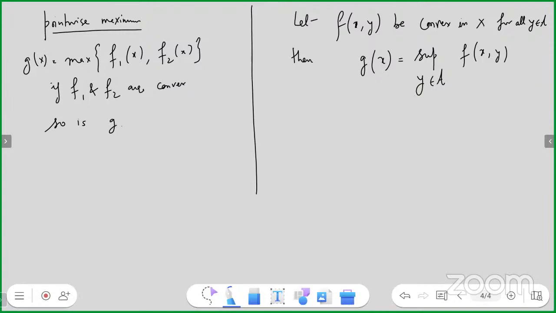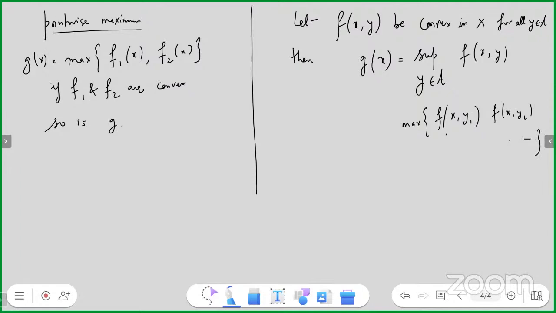And now I'm looking at the second coordinate and taking the supremum. So freeze an x, there are lots of these y's. If this is discrete, it will be f of x, y1, f of x, y2, and so on. I'm freezing x, just picking the max over these y_i's. That's what is going on.